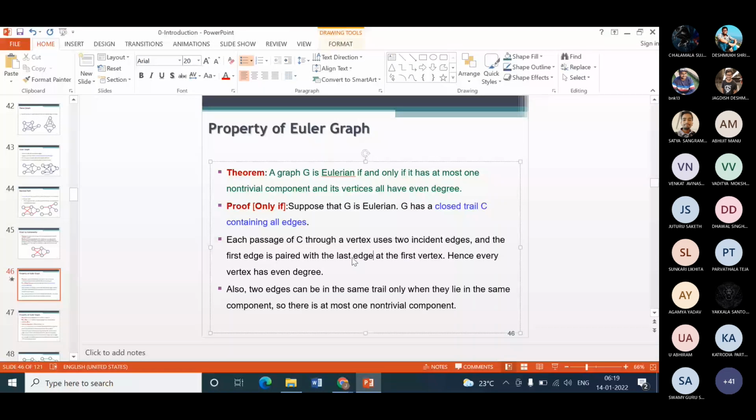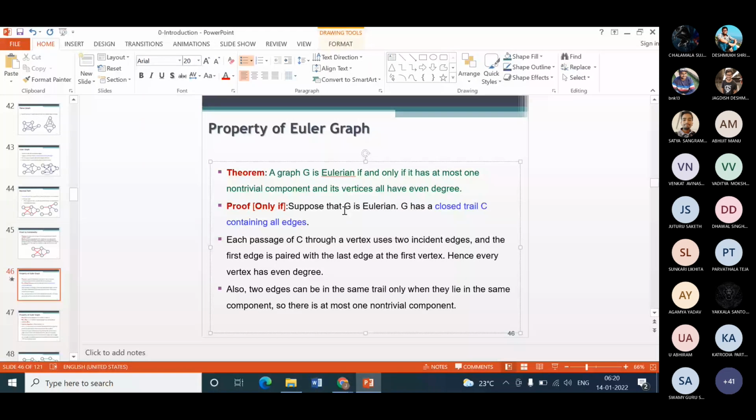Now I have to prove that they belong to the same component. Also, two edges can be in the same trail C only when they lie in the same component. So there is at most one non-trivial component. Here is how we prove it: G is an Eulerian graph.